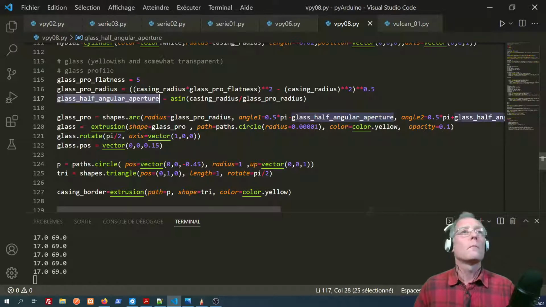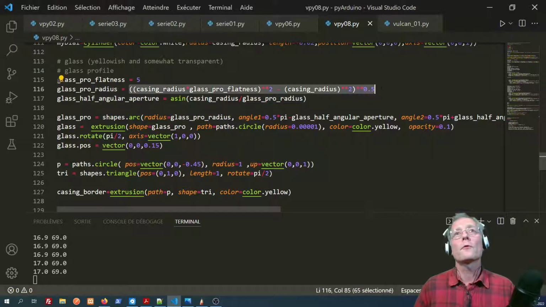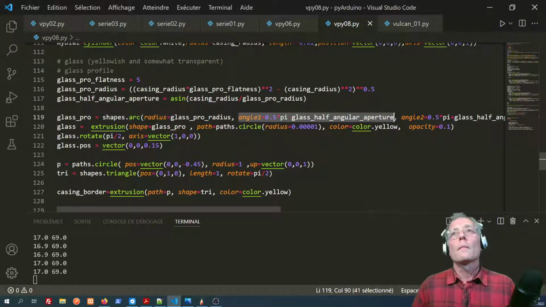So to draw my arc, I use the glass pro radius, which I computed with the Pythagoras. The first angle should be half pi minus glass half angular aperture.